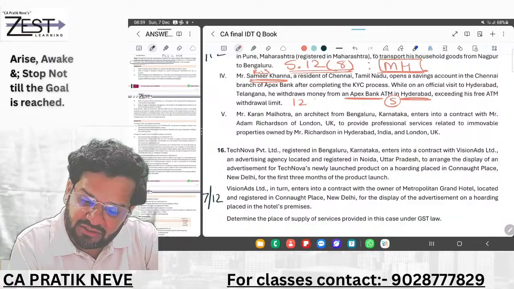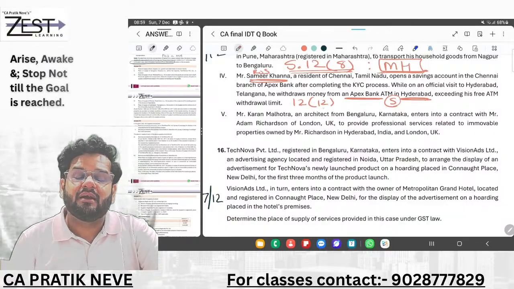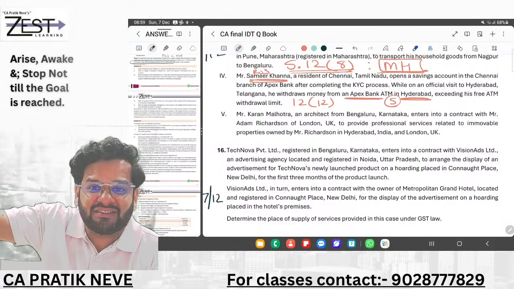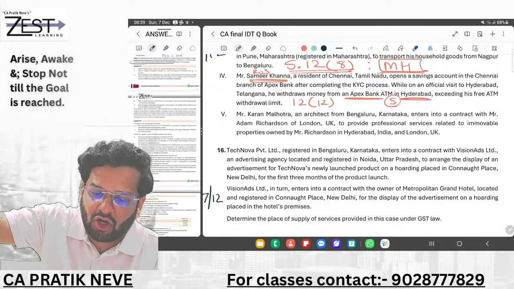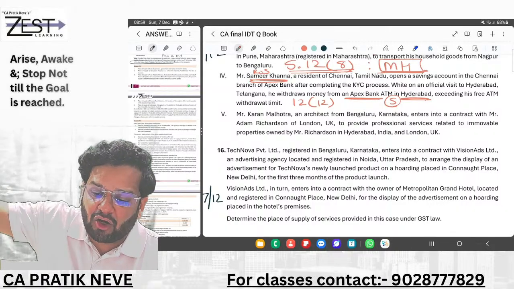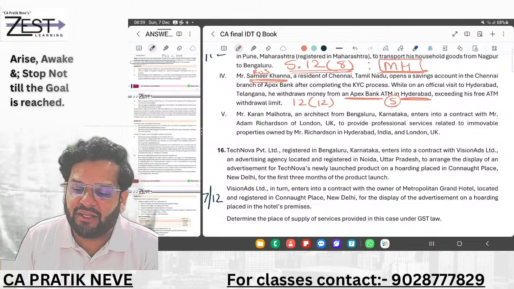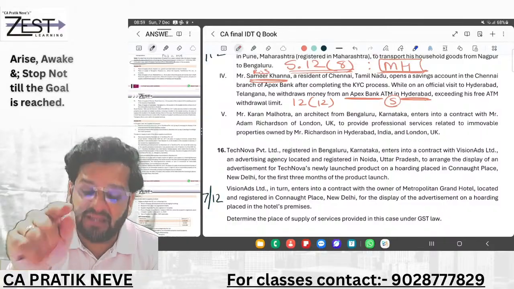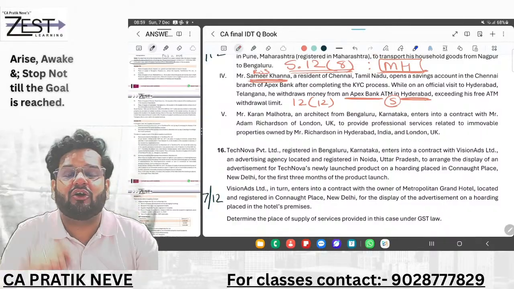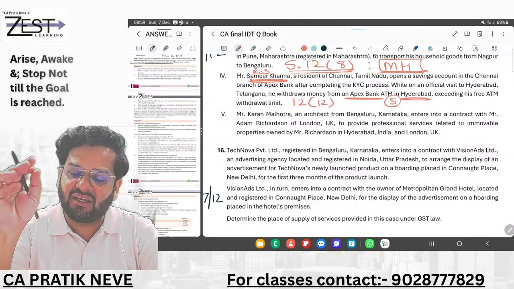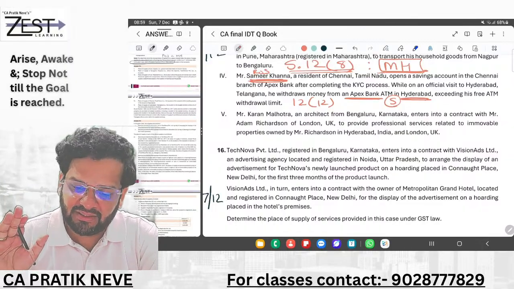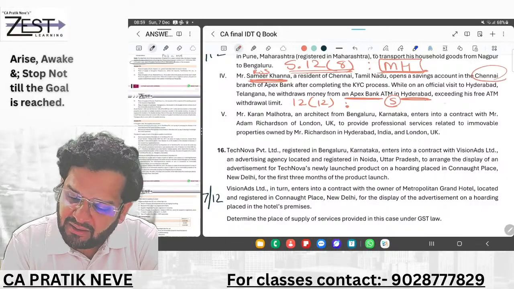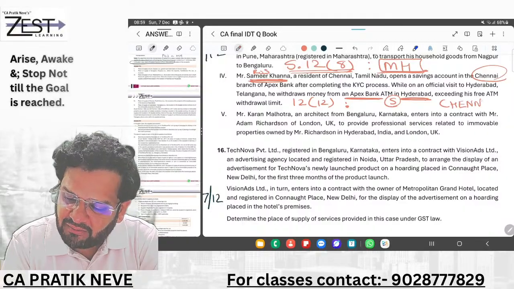It's a banking service, so section 12.12. The place of supply in such cases is, if the address of the recipient exists in the records of the bank, the location of the recipient as per his address. Yes, his address is there in the records of the supplier because he has done the KYC, and he has given his address of Chennai. So the place of supply is going to be Chennai.